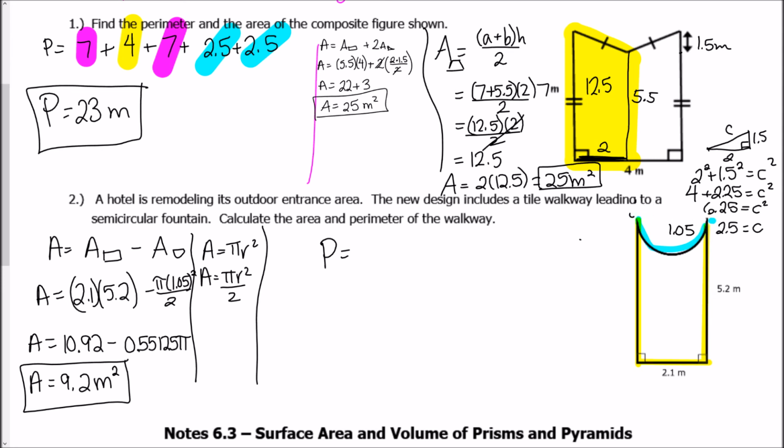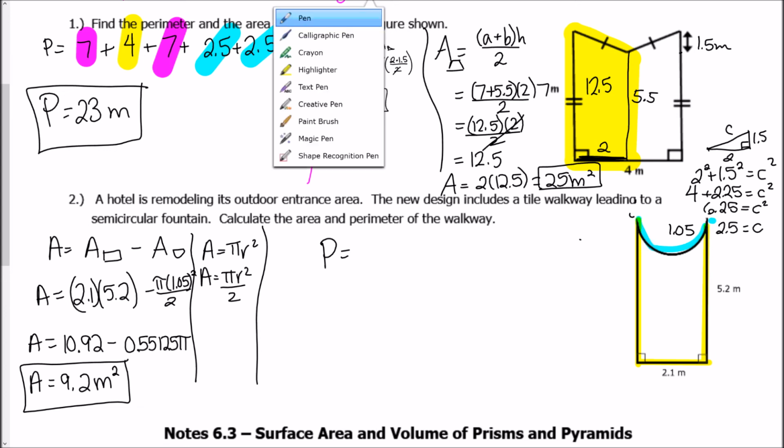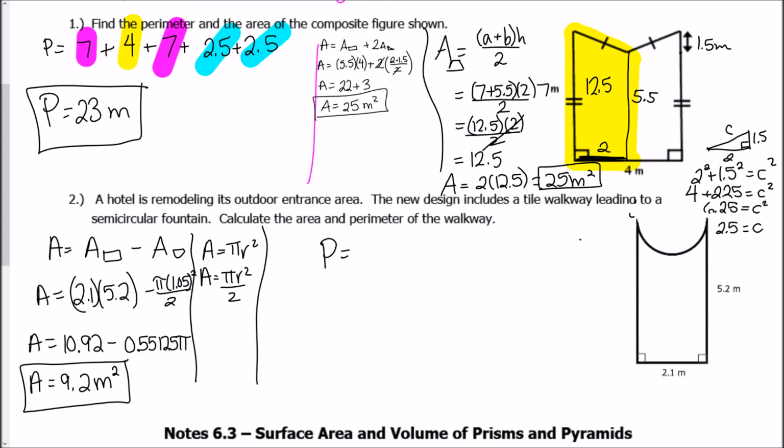I'm going to erase that green line on top because that's not part of the outside perimeter, okay? So to find this outside perimeter, I'm going to erase all of my highlighting so you can see what I'm talking about. I will have a side length here of 5.2 and another side length here of 5.2.